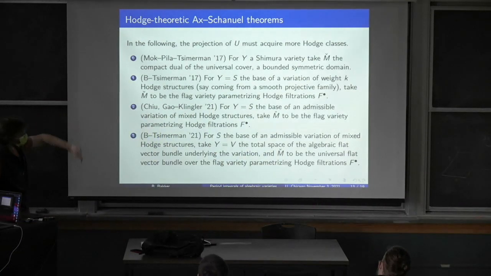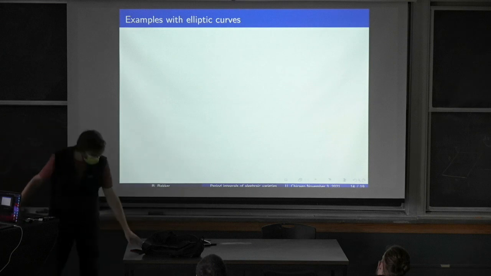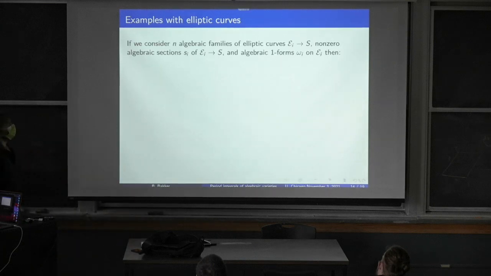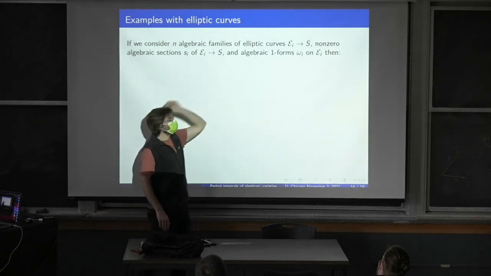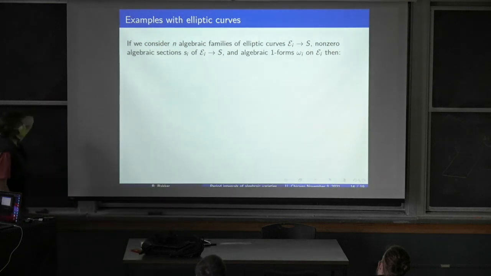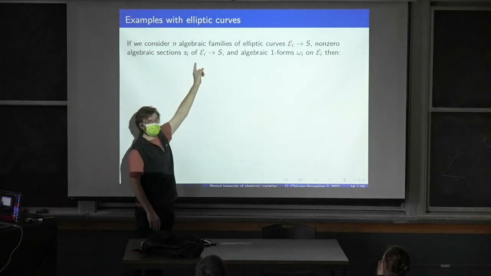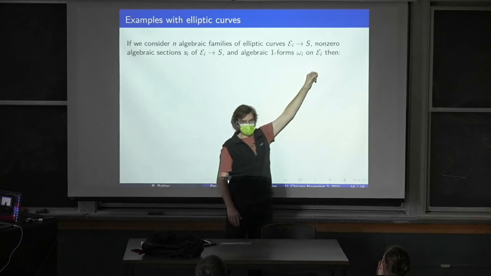Okay, so like I said, I didn't expect you to fully digest this slide because I'm going to use the next slide to tell you how these different contexts behave with respect to our family of elliptic curves. So what are the statements that we're actually extracting? Well, consider n different algebraic families of elliptic curves, E1 through En, and give ourselves a section for each one, and also an algebraic one form on each one.